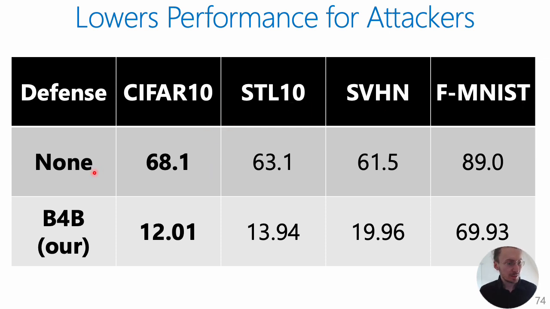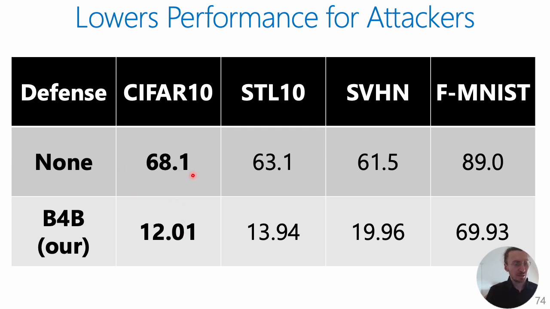And then what we observe is that the performance of the downstream tasks without our defense, for example, is 68.1% on CIFAR10. However, once we add our defense and then the adversary steals the encoder, then the performance on this task is only roughly 12%, which means that our defense really prevents the attack.